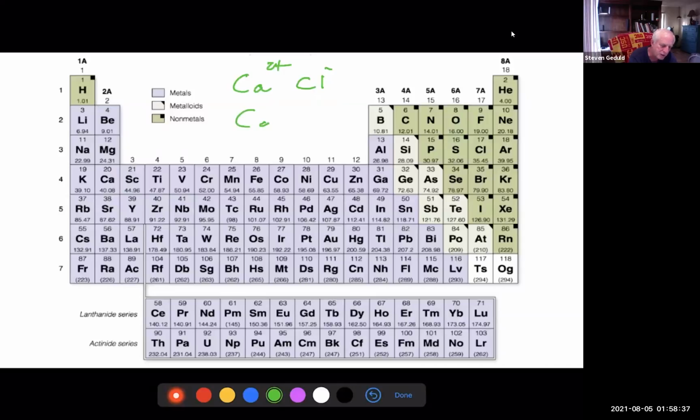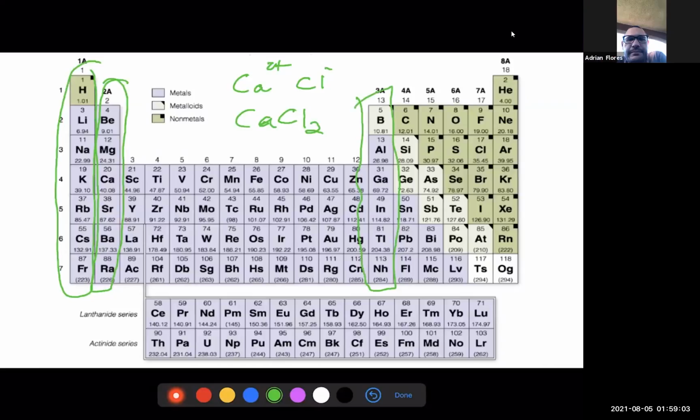How many chlorines do you need to combine with it to make it total 0? 2, right? So CaCl2. That's a subscript. The subscript tells you how many atoms have to combine. When we're dealing with the charges like this, the first column is +1, this column is +2, and this column is +3.